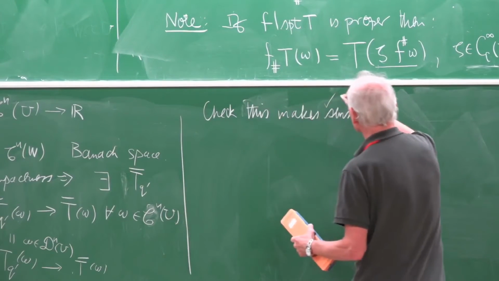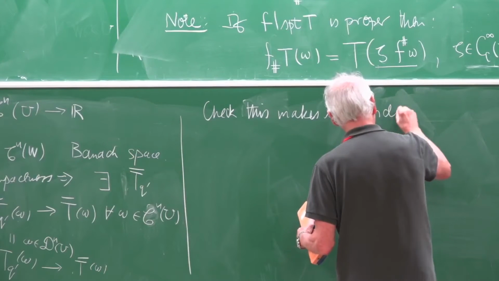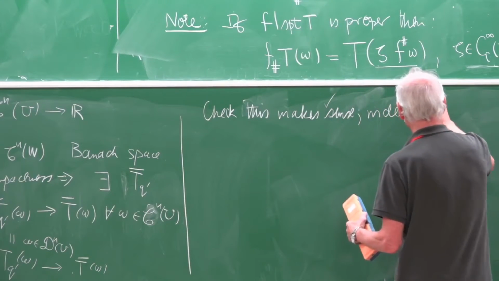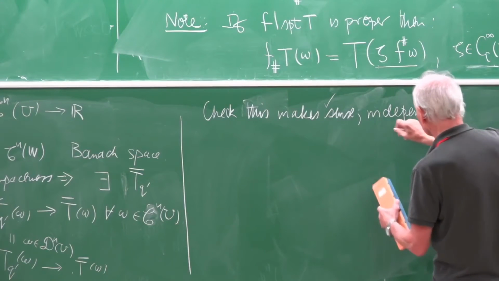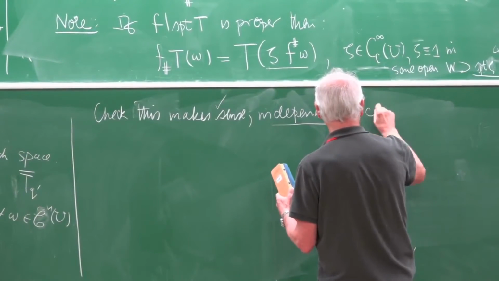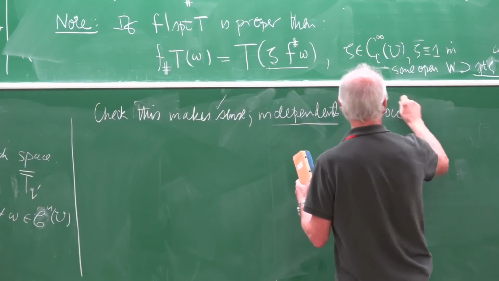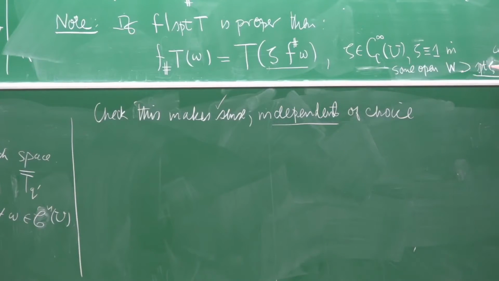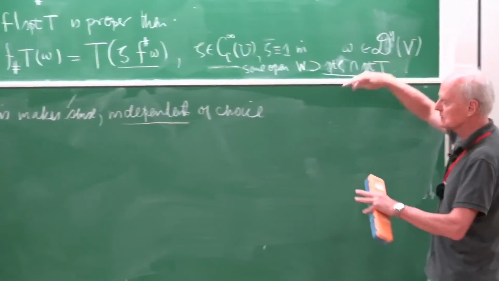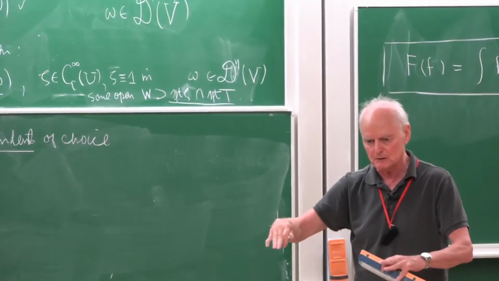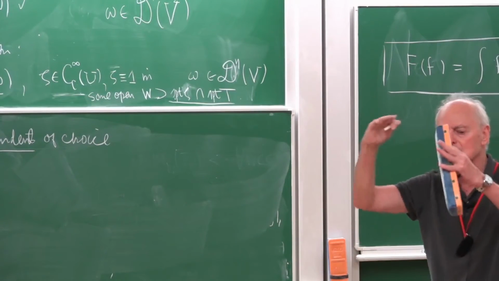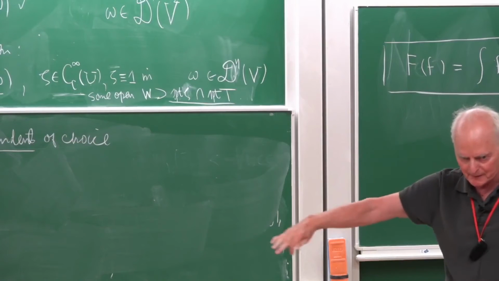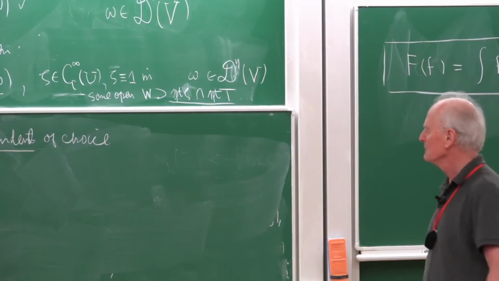Well, it certainly makes sense, but in particular that it's independent of zeta. I mean, this side is certainly defined, no question, but check that it's independent of the choice of zeta as long as we stick to these conditions. That zeta should be identically 1 in a neighborhood. Notice this is a compact set, so you can certainly construct such a function which is identically 1 in a neighborhood of that compact set and still has compact support in the big domain U. So you can certainly do that.